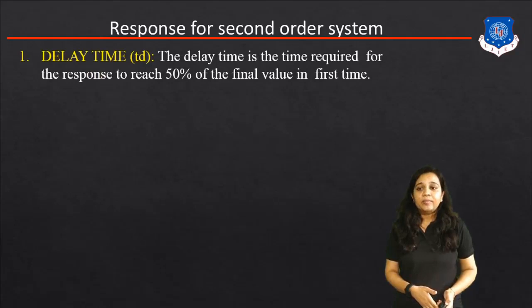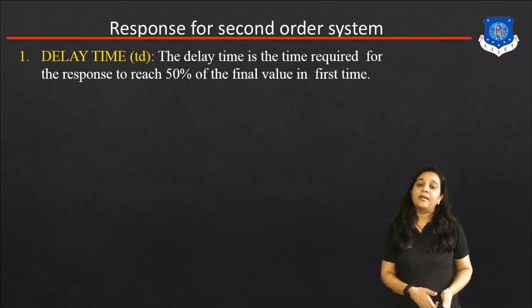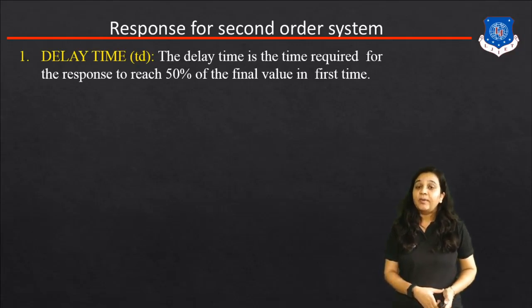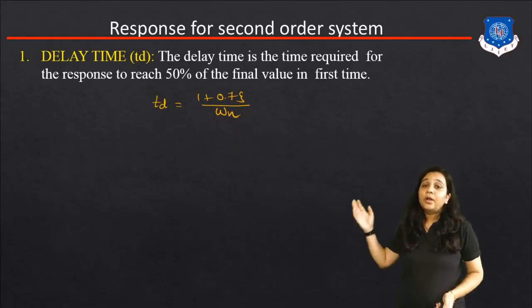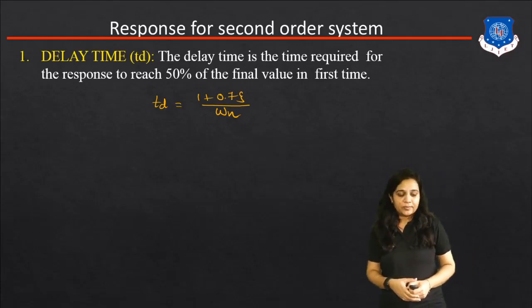The equation to find the delay time is Td equal to (1 plus 0.7 zeta) upon omega n. Using this equation, we can find the delay time for this particular response.